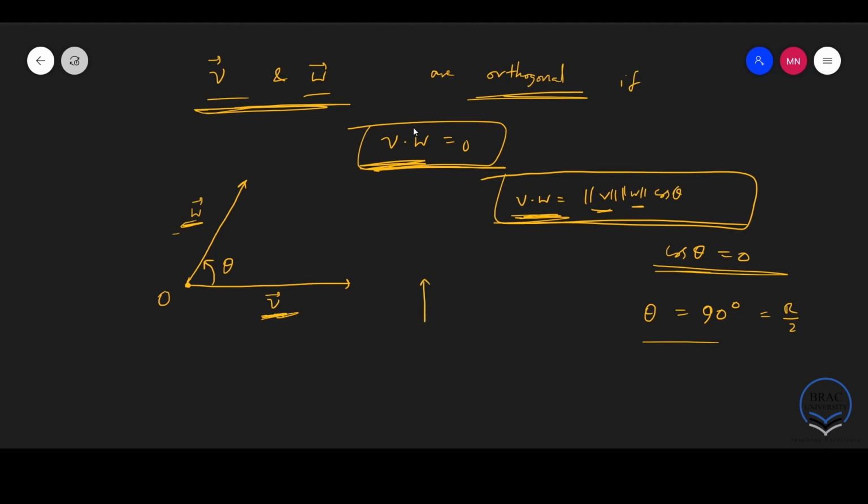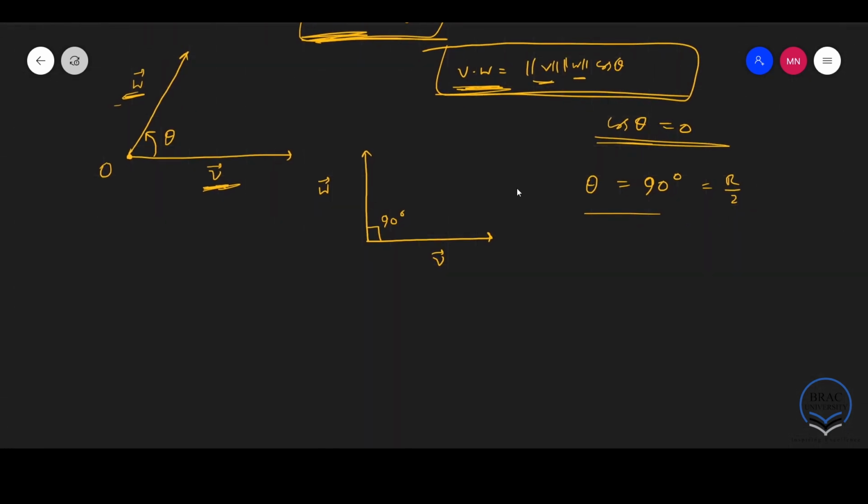Meaning, if our vectors are completely perpendicular to each other, so if the angle between these two vectors is 90 degrees, then these two vectors are said to be orthogonal. The dot product will be equal to 0.